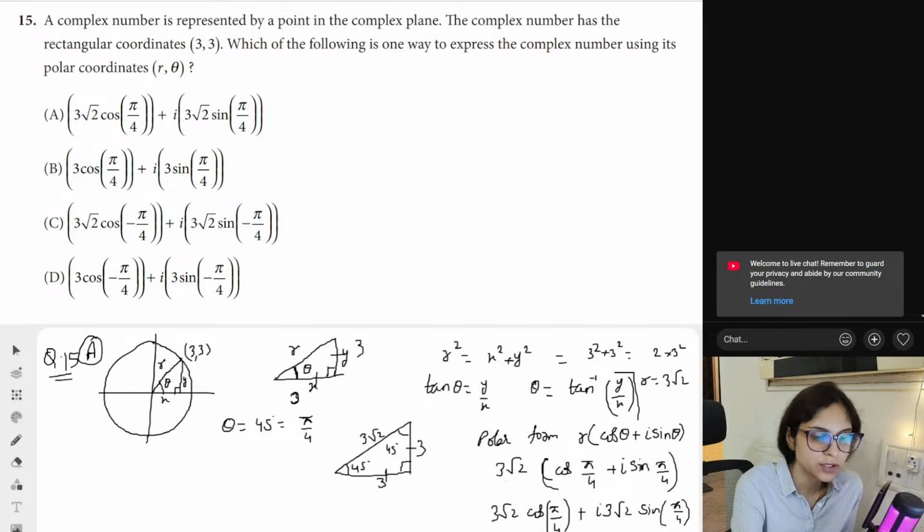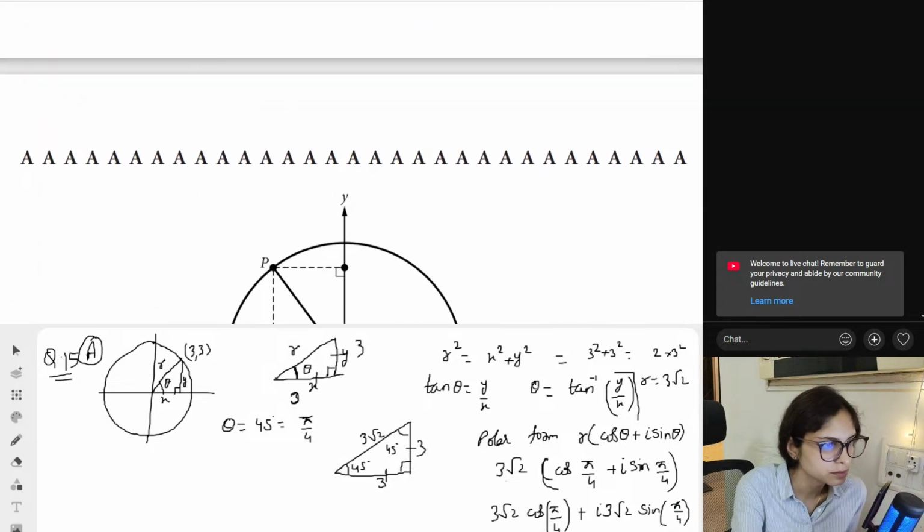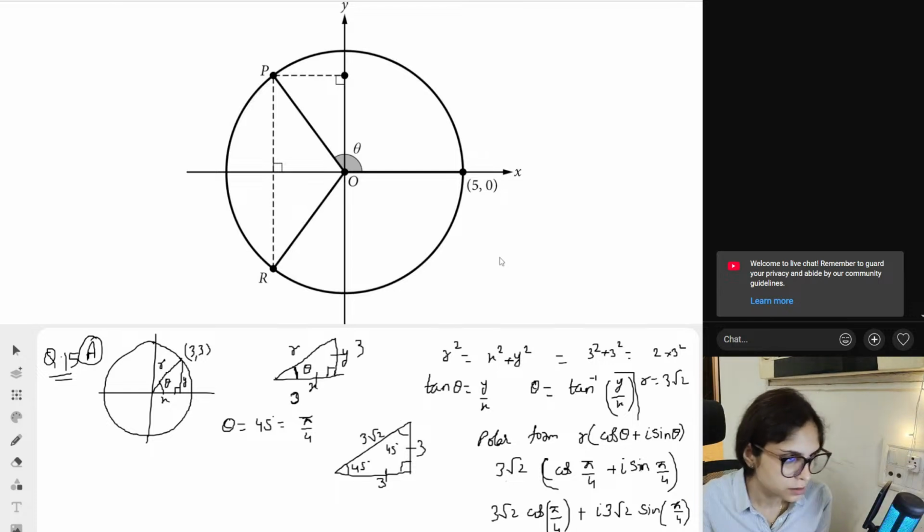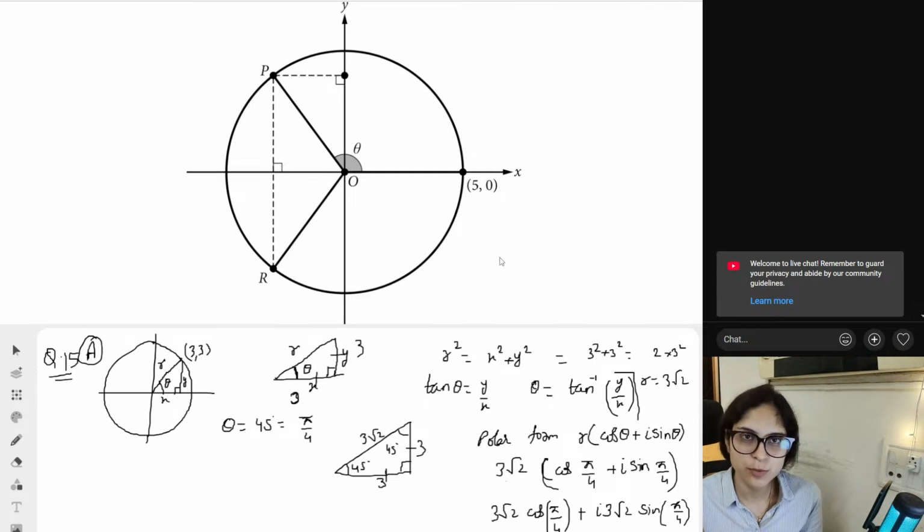Yeah, moving to the next question. So you have a circle, there's theta, the radius is 5 because the point is 5, comma 0.